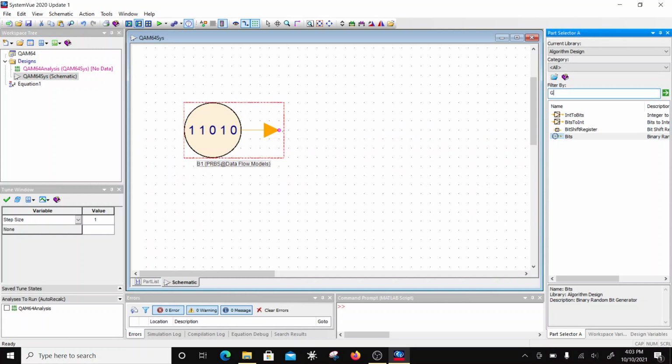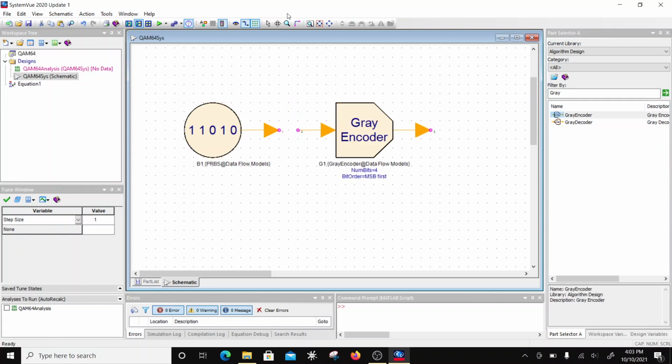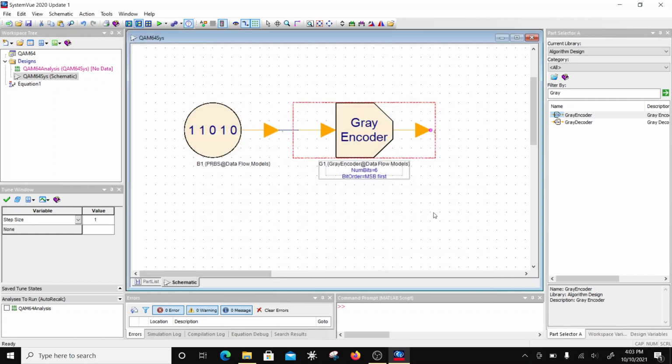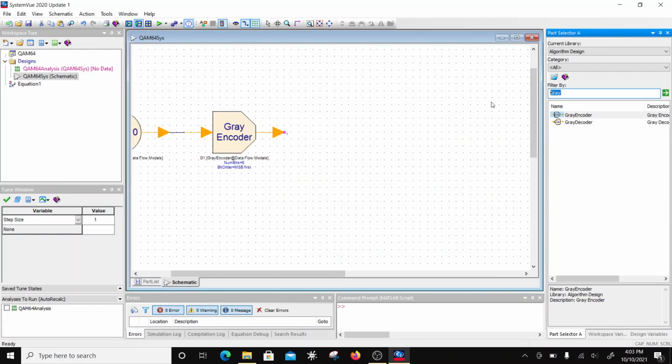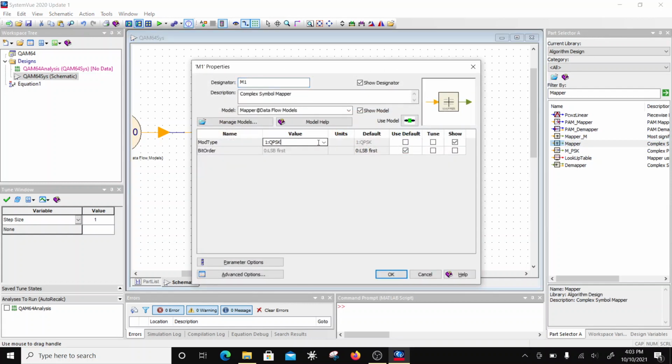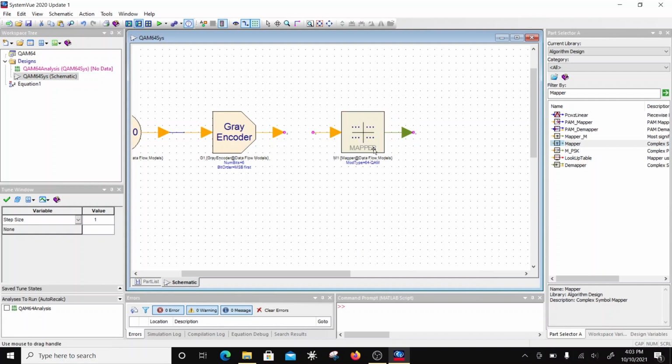Then I'm going to put a gray encoder in here, and I am going to code 6 bits this time rather than 4 bits. So 6 bits will give you QAM 64. Then I'm going to have a mapper, and this is a QAM 64 modulation, so I'm going to put QAM 64.